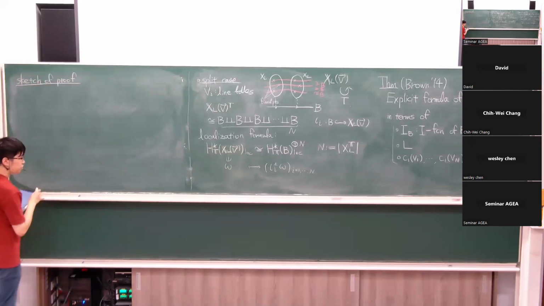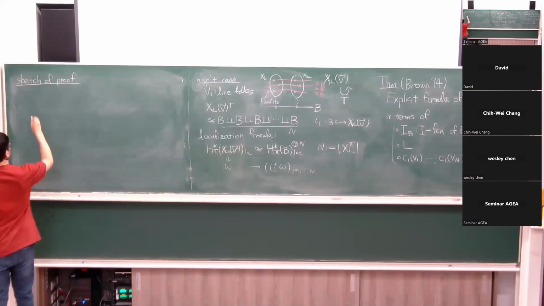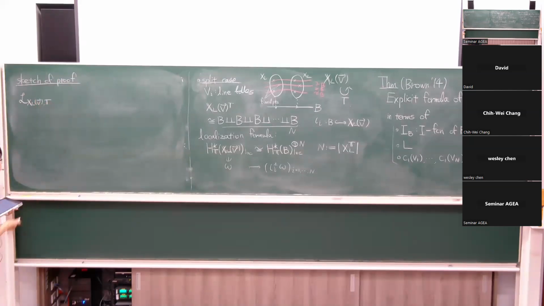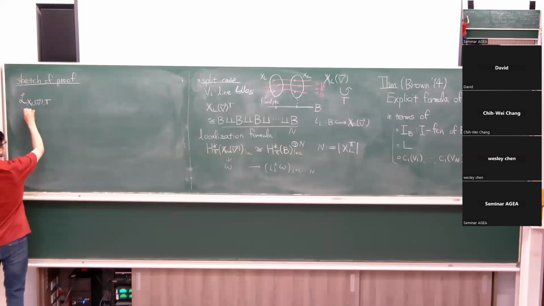I give a sketch of the proof. Remember that the I-function is defined as a function giving a point on the Lagrangian cone. Here, this means the T-equivariant version. Maybe you can imagine the T-equivariant version.